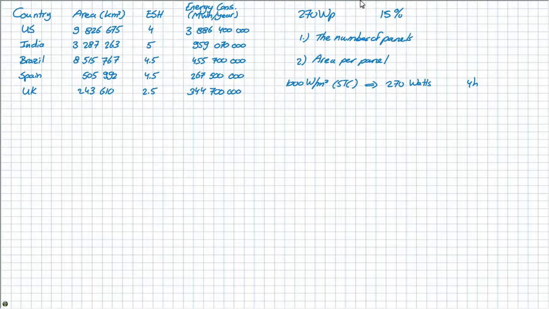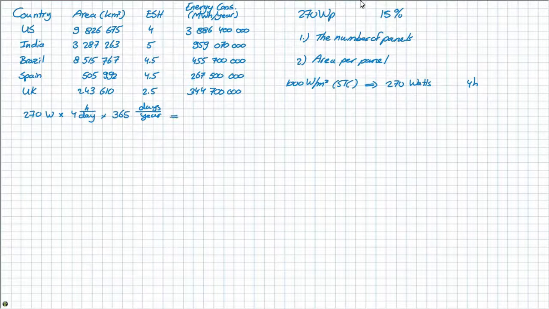So on a yearly basis, a solar panel in the US generates, let me calculate this, 217 watts times 4 hours per day times 365 days in a year.